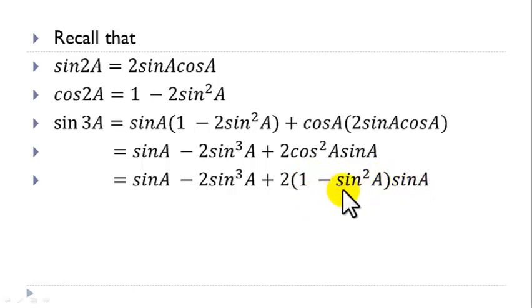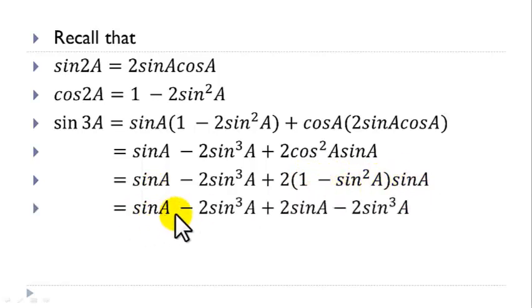Let us open this bracket to obtain sin a minus 2 sin cube a plus sin a times 1 is sin a, then times 2 will give us 2 sin a. Sin a times minus sin squared a is minus sin cube a, times 2. That gives us minus 2 sin cube a.